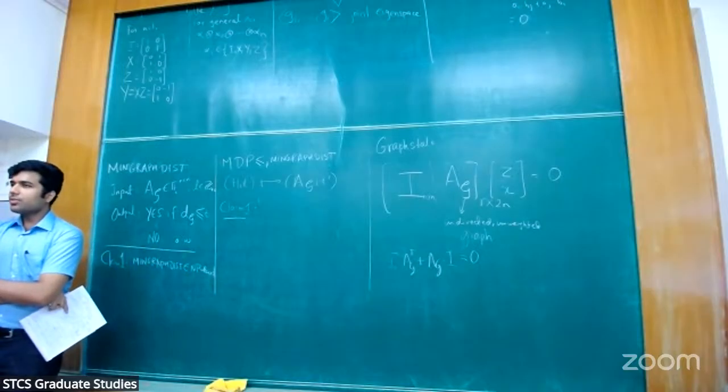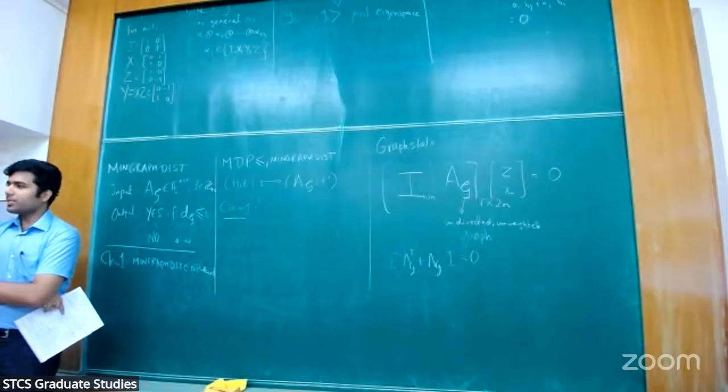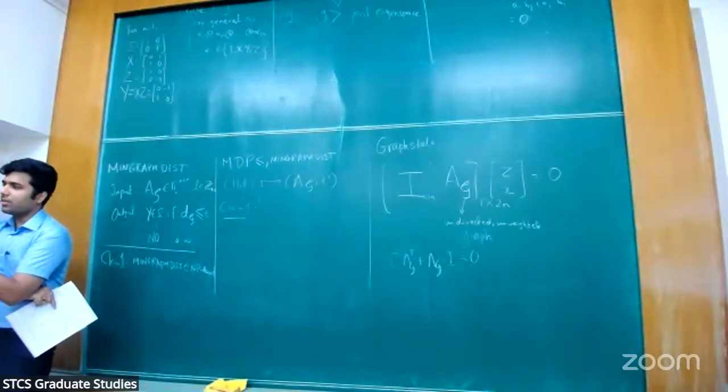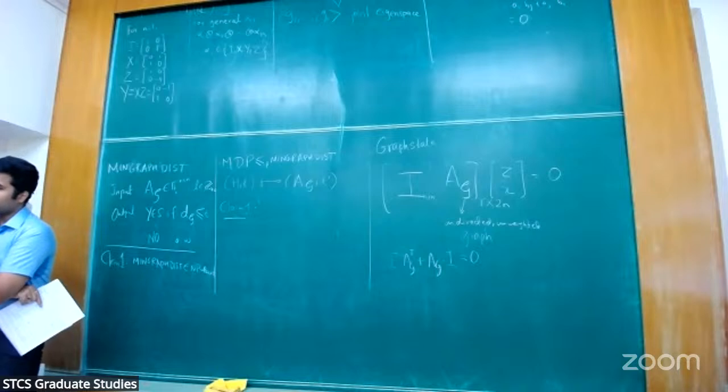In general stabilizer codes, you do not need that picture. The way of lifting classical codes to stabilizer codes was given by the CSS construction, where you take a pair of classical codes which satisfy certain properties, and you can lift them.